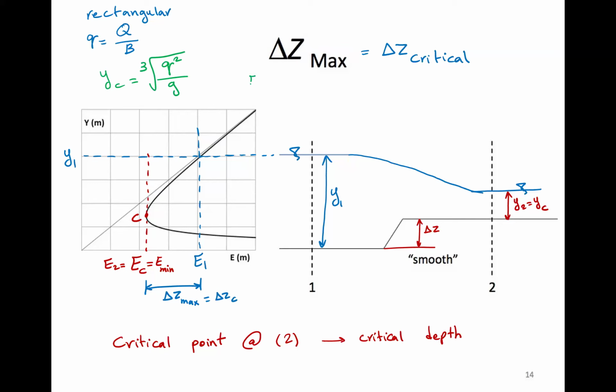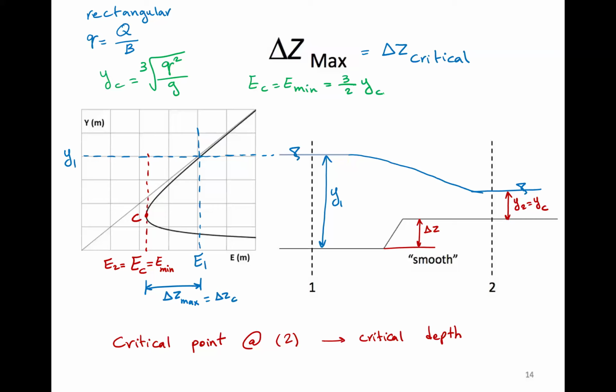And also EC or E min is equal to 3/2 of YC. So if we have small q, we can compute YC because YC is a function of q and g. And then if we have YC, we can compute EC.